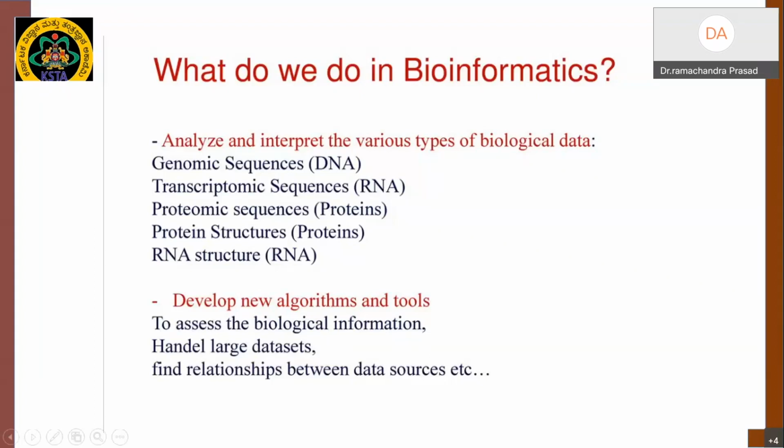For this, we develop new algorithms and tools to access the biological information. Suppose you want to access some data from any database of bioinformatics, we require certain tools. We also handle large data sets. For example, multiple sequence alignment. This is one of the tools.